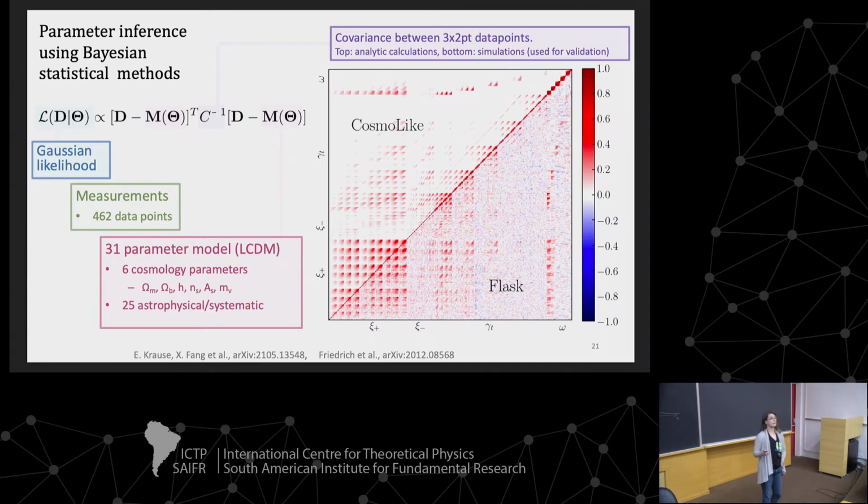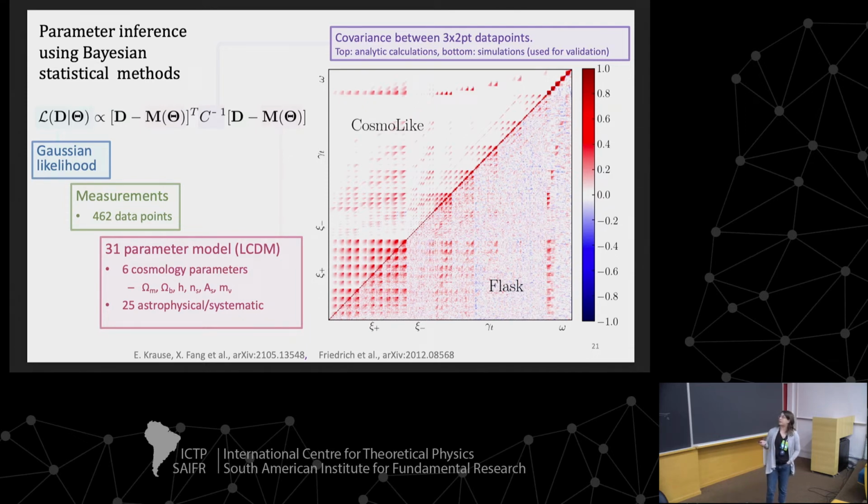It's analytically computed. What this plot shows is basically each pixel row corresponds to one of those 460-ish data points, and the color marks how much you expect those data points to covary with each other, just given different realizations of the large-scale structure.